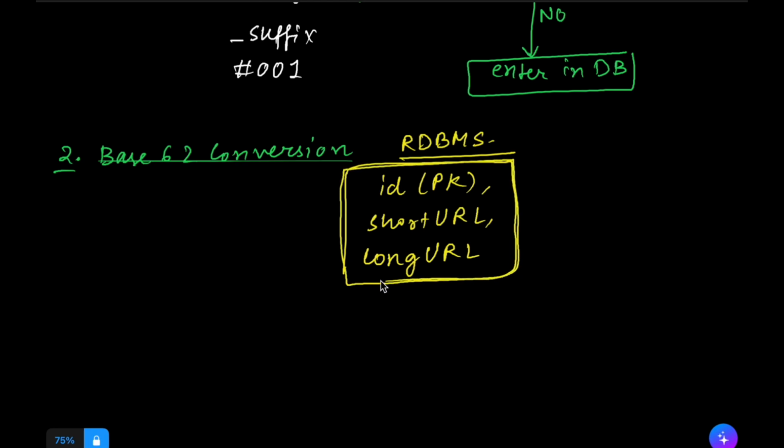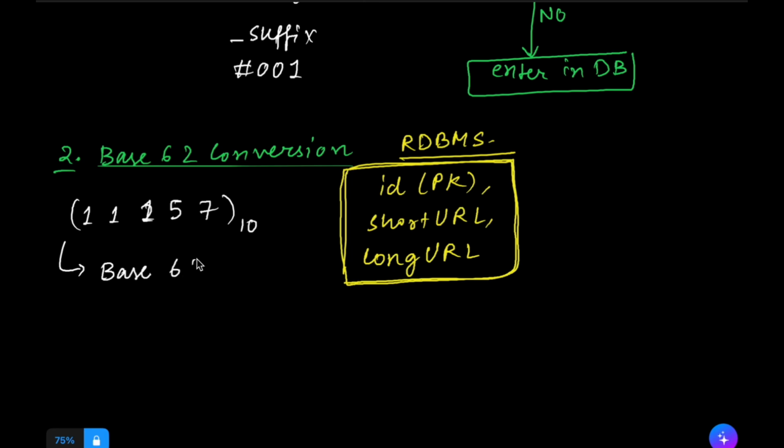Before diving into how we put this long URL into our database, let's look briefly at what a base 62 conversion is. As you might be aware, there are decimal to binary conversions or hexadecimal to decimal conversions. Similarly, suppose I have a number in decimal, 111157, and I want to convert it into base 62. Before that, suppose I want to convert it into binary.